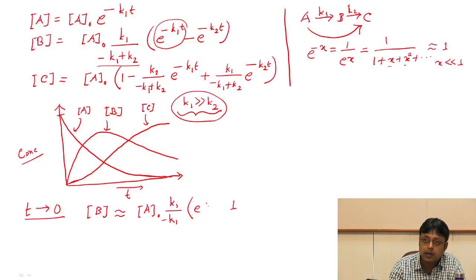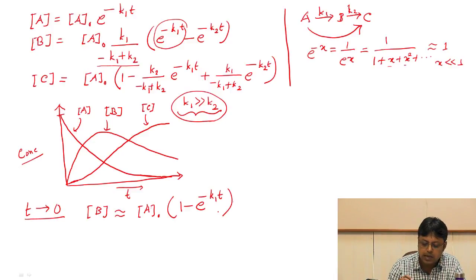But e to the power minus K1t you cannot approximate, because t is small but K1 is still large. So I'm just keeping it as e to the power minus K1t minus 1, and you could put the minus sign inside, so it will be nothing but 1 minus e to the power minus K1t.